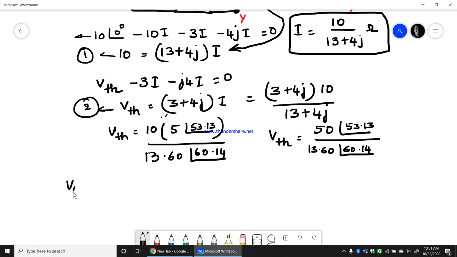Therefore VTH is equal to 50 divided by 13.60, which gives 3.67 at an angle 53.13 minus 60.14, that is minus 7.01 volts. So I got VTH.